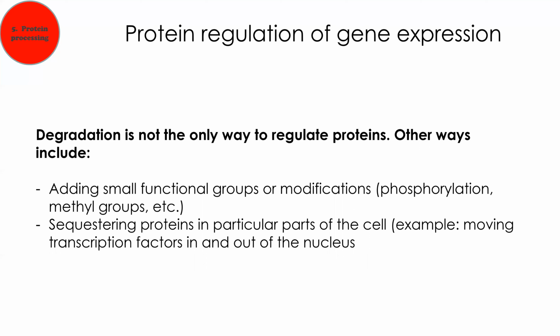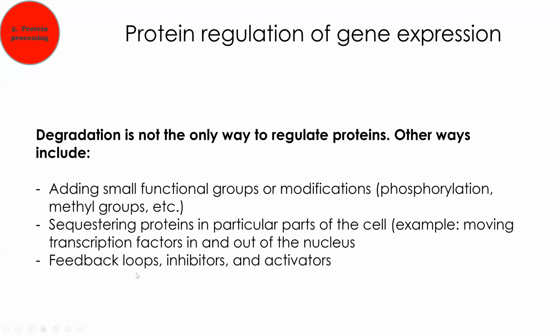So if you have something that you don't want in the nucleus all the time, you can keep it out of the nucleus until it's time to be used. So you can keep the protein around, but put it away from where it's going to do its activity until you're ready for it. Okay, so that's one way you can regulate them. If you're interested in things moving in and out of the nucleus and how it knows, this is a topic we cover in great detail in Advanced Cell.